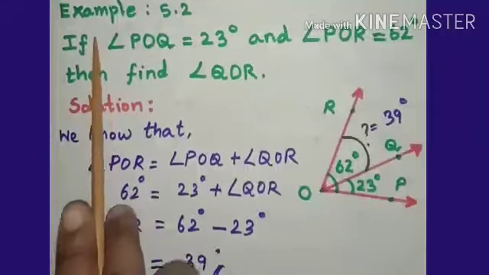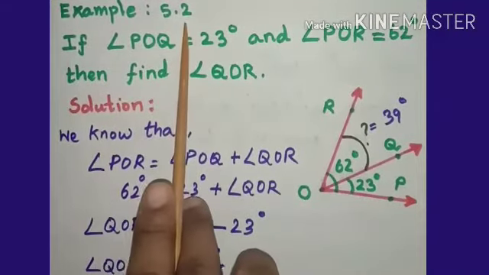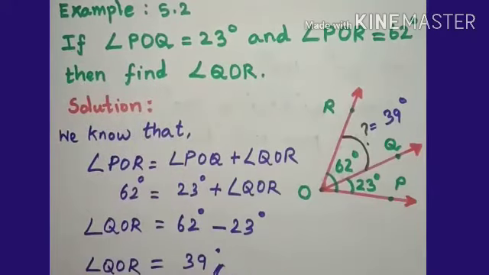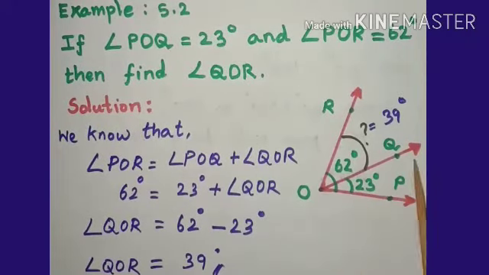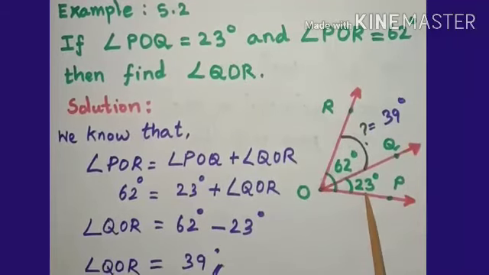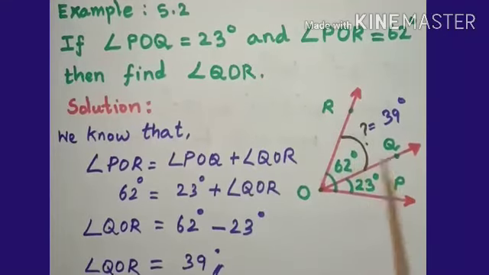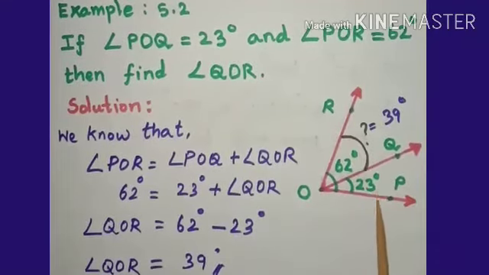Now students, let us do example 5.2. Here angle POQ is given as 23 degrees, and angle POR is given as 62 degrees. We have to find the angle QOR. Subtracting 23 from 62, we can get the remaining part, angle QOR.